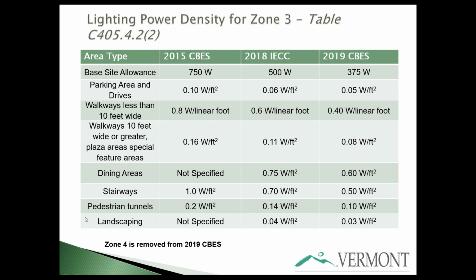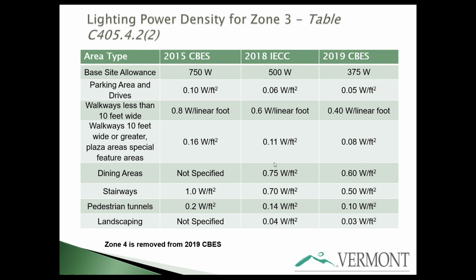So same format, the current code in the first column, the model code in the middle, and the proposed in the right. The ones I would pay the most attention to are probably this parking area and drives, and you can see it's been cut in half from the 2015 to the 2019 CBES in terms of watts per square foot.